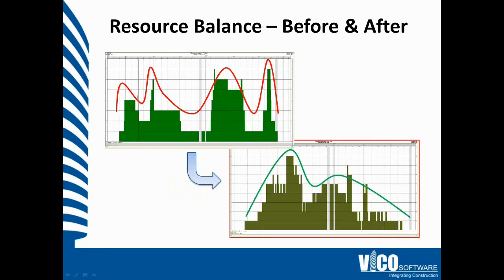Of course, we're looking to balance the resources as much as possible, minimizing the number of peaks and valleys and trying to get more of a bell shape to our resource graph by subcontractor and also overall. It becomes very interesting when you project the resource graph for the entire project, but more importantly by location for all active trades.